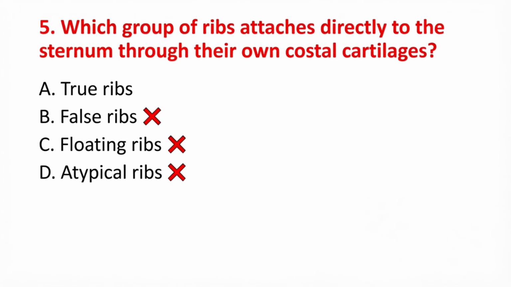Option C is incorrect because floating ribs, ribs 11 and 12, have no anterior attachment to the sternum. Option D is incorrect because atypical ribs describe ribs with unusual anatomical features, not their attachment patterns.